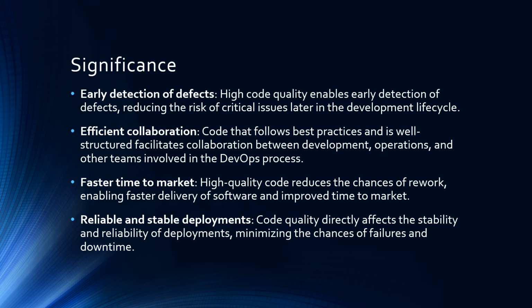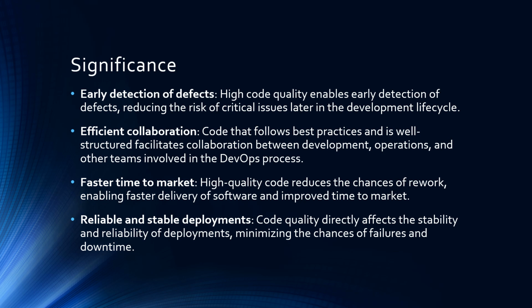The impact on time to market is particularly interesting. While some might think that focusing on code quality slows down development, the reality is quite the opposite. High-quality code reduces the need for rework and debugging, ultimately speeding up delivery. When it comes to reliable and stable deployments, code quality is your best friend.